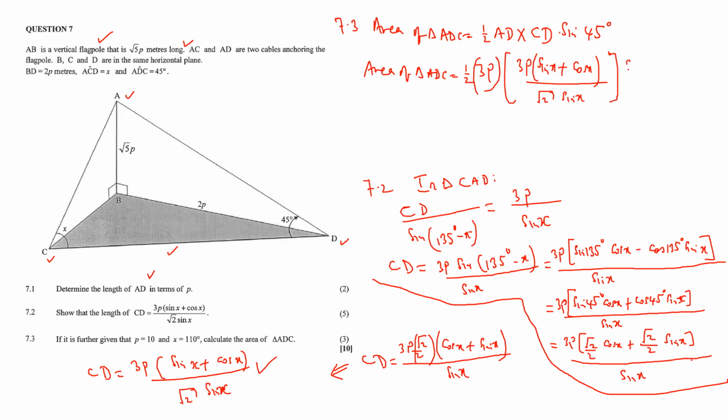So this is therefore multiplied by the sine of 45 degrees. This is equal to 1/2 into 3 into P. P is 10. We're doing substitution now. P is 10. X is 110.